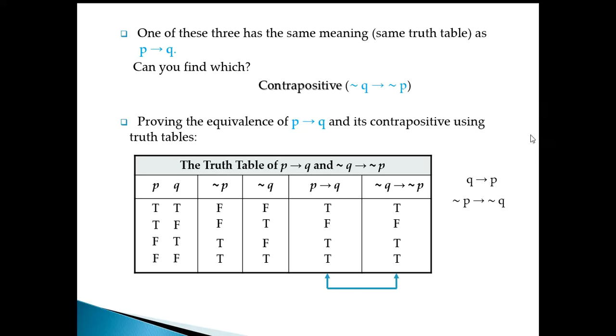If we have P implies Q, then Q implies P is the converse, and negation of P implies negation of Q is the inverse. So converse and inverse are equivalent, and we can verify this by the truth table. You can make the truth table for both of these and check whether they are equivalent or not.